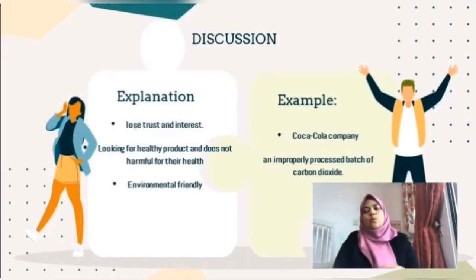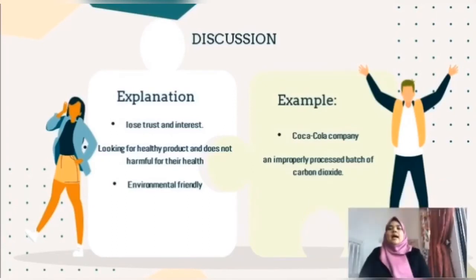Consumers will always ensure that the product is made from healthy ingredients and is not harmful to themselves before consuming any product. This matter can be proven by a case related to the Coca-Cola company.